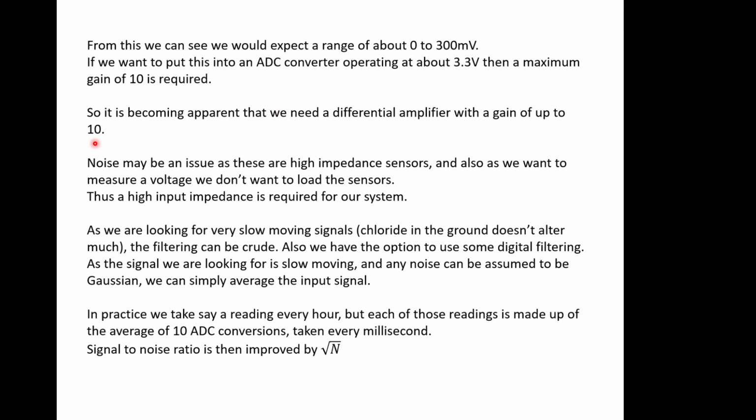So we start to define that we need a gain of 10. Noise might be a problem, so perhaps we will want a differential system, and maybe high input impedance is what we want as well. And as we're looking for very slow moving signals, so chloride in the ground doesn't alter very much, the filtering can be crude, and we'll look at that as we go forward a bit.